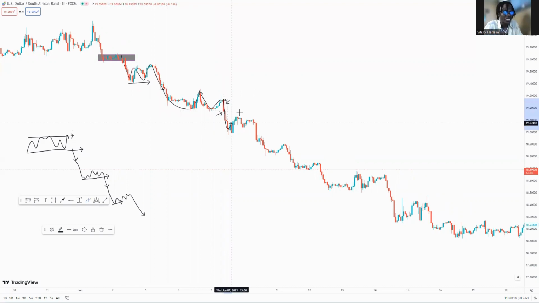Then a correction again, with a bear momentum candlestick breaking below our low, continuing to the downside again with a lower high, and a continuation to the downside, breaking below our low right there.